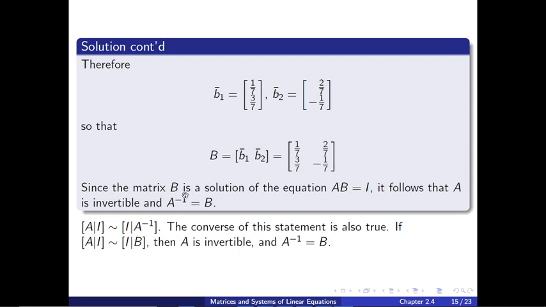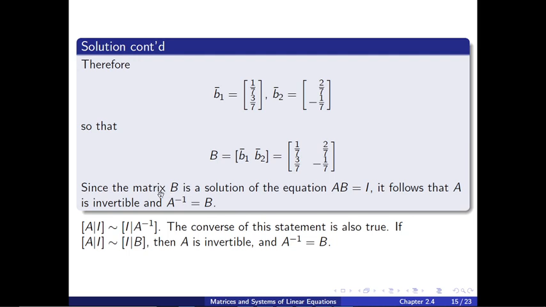So the matrix B is a solution of the equation AB equal to I. And by the theorem that we did in the previous video, we know that if this is satisfied, then A is invertible and the inverse of A is equal to B.